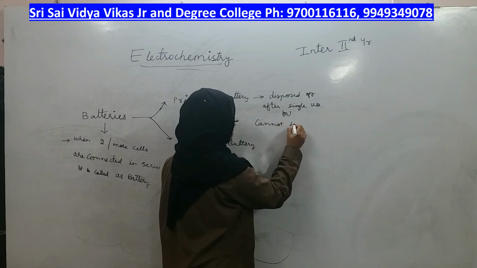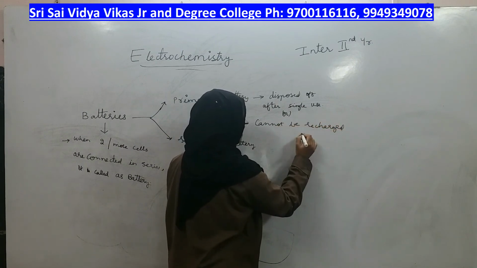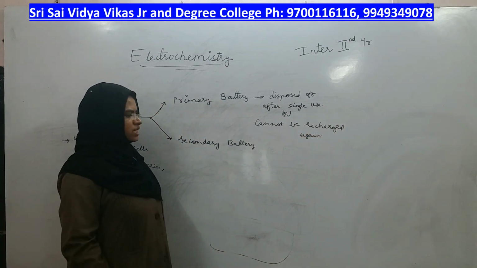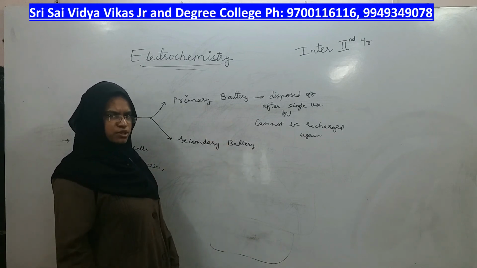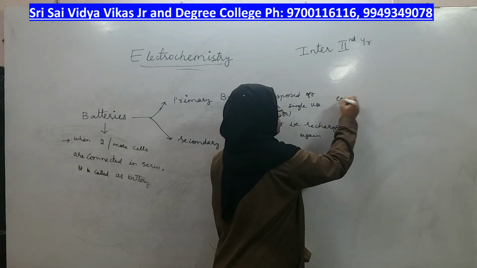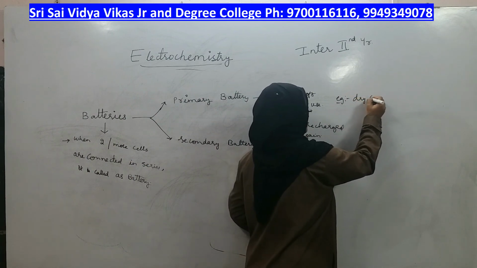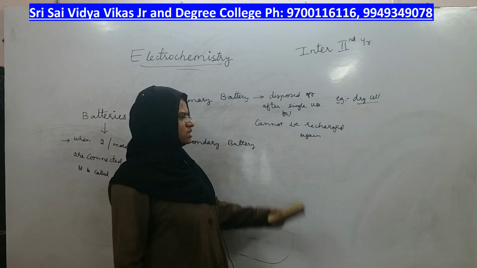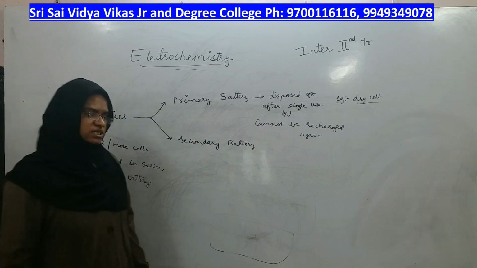Such batteries are examples of primary batteries, right? Can you give examples? There are many examples in our everyday life. One such example is the normal pencil battery, which is also called a dry cell, or another example is a modification of the dry cell, which is larger in size, right?